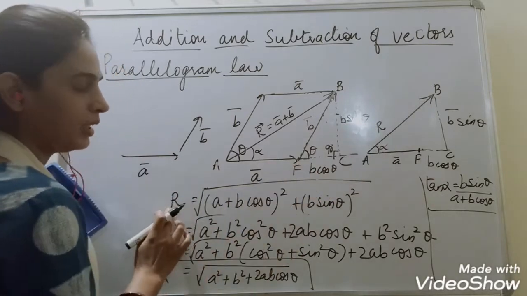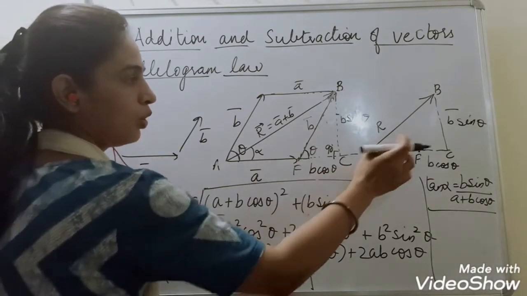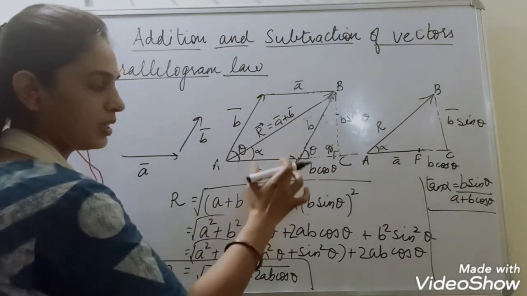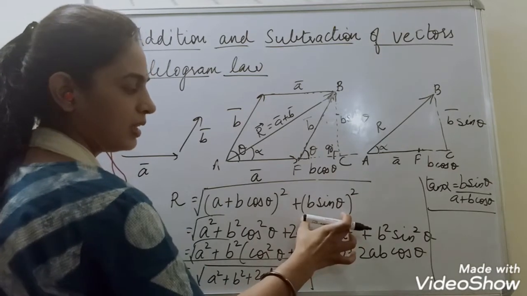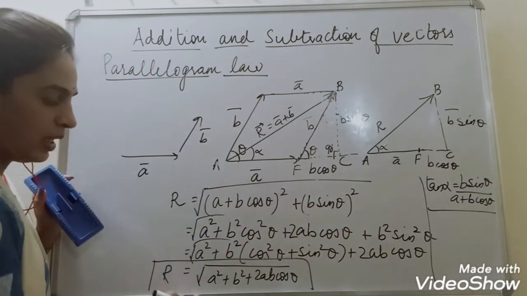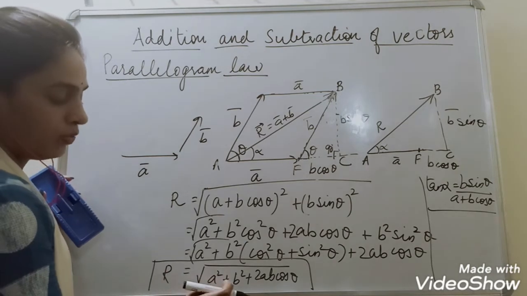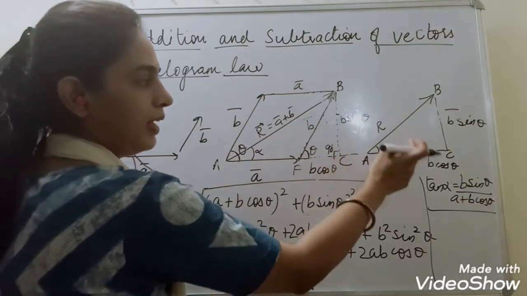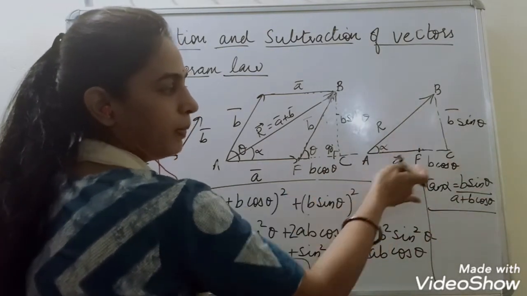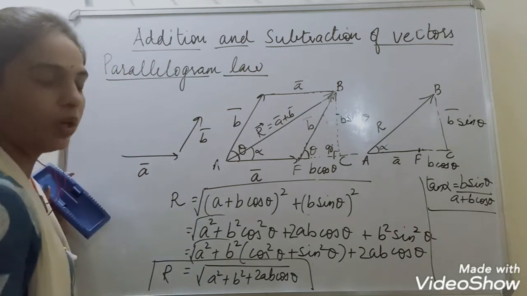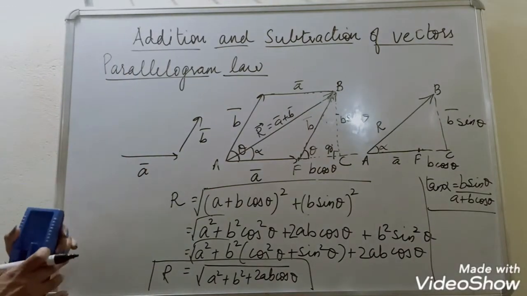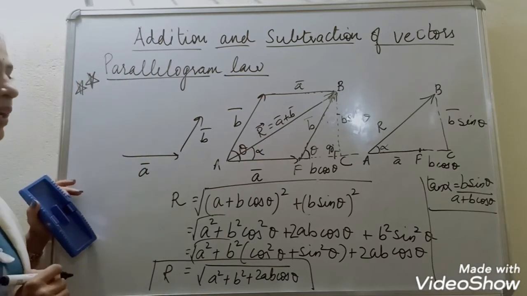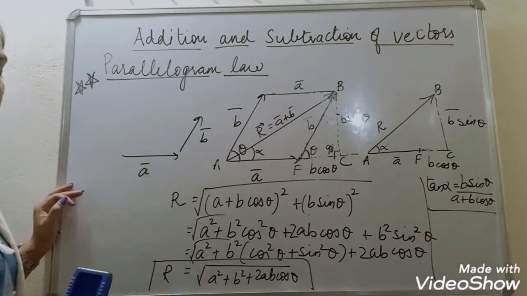So the value of the resultant using Pythagoras law is the square root of perpendicular squared plus base squared: (A plus B cos theta) whole squared plus (B sin theta) whole squared. Then expanding, we get the resultant as the square root of A squared plus B squared plus 2AB cos theta. And the direction is tan alpha equals perpendicular upon base, B sin theta upon A plus B cos theta. This is a very important law, girls, of vector addition, and mostly it is used everywhere.